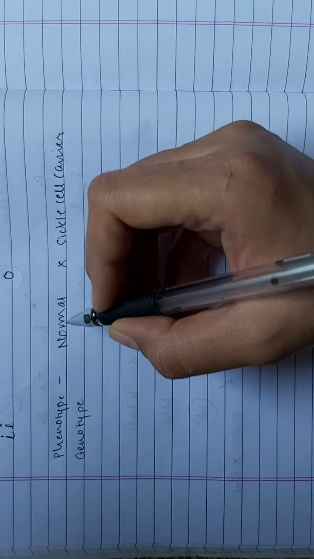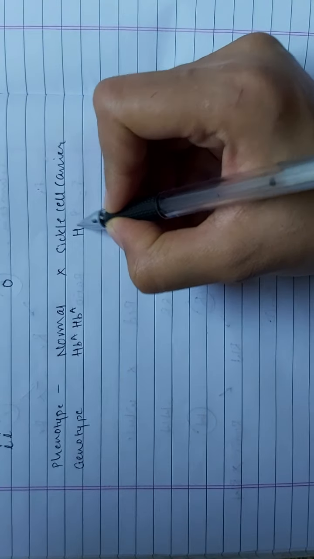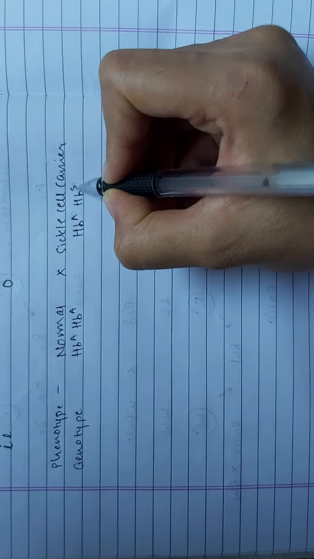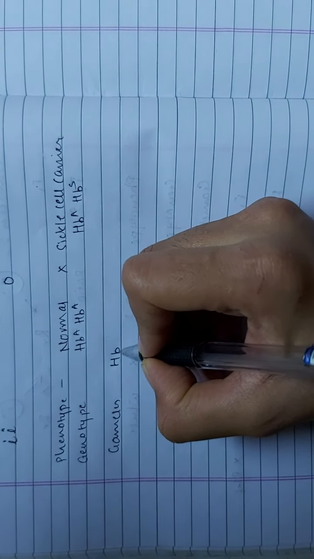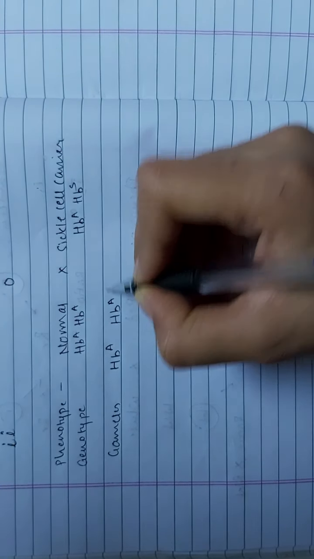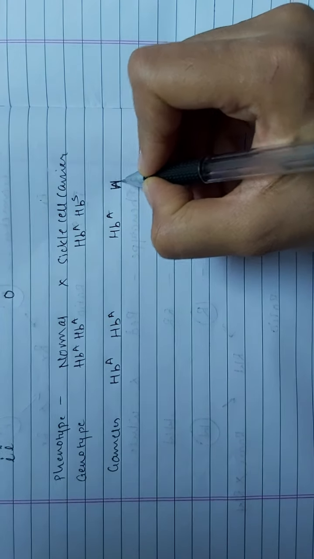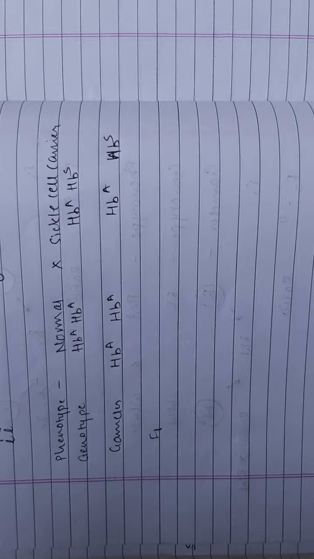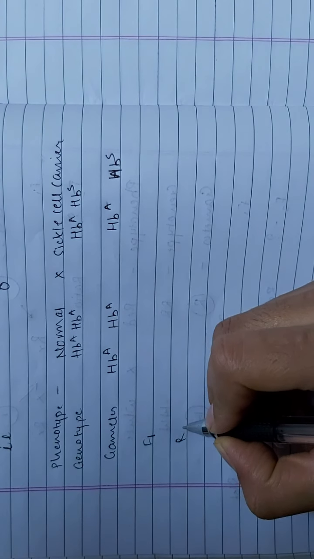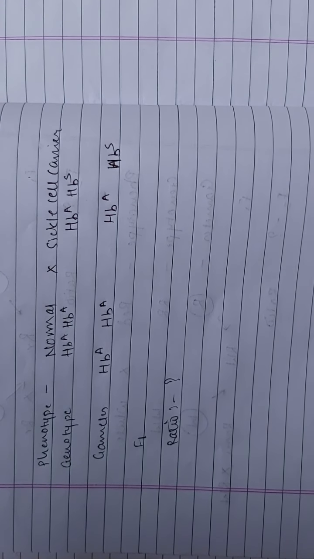The genotype will be HbA HbA for normal, and HbA HbS for the sickle cell carrier. Gametes are HbA, HbA, and HbA, HbS. Now you have to find out the F1, and after that the ratio for the same. This is homework for you.